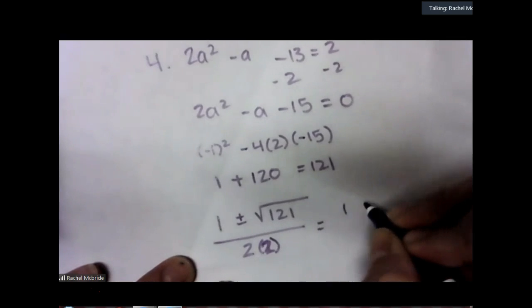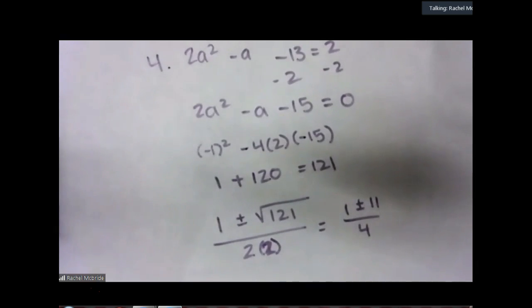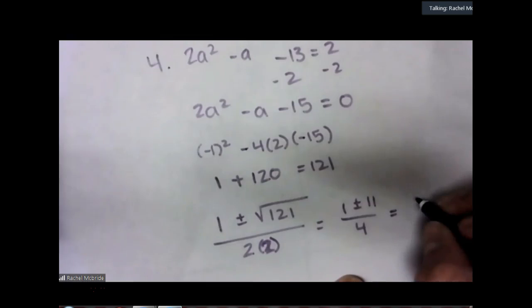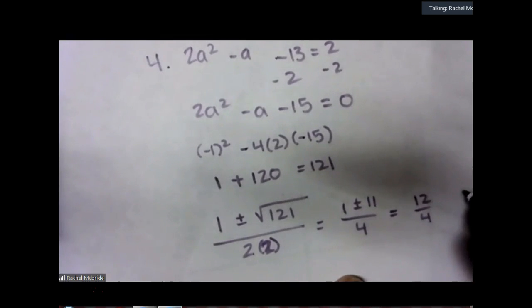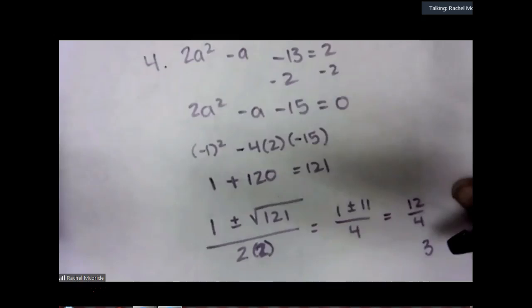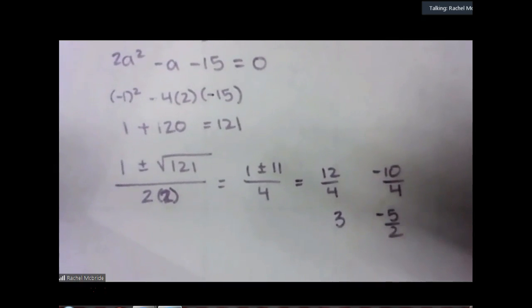So that gave 1 plus or minus 11 all over 4. So 1 plus 11 is 12. 1 minus 11 is negative 10. So 12 divided by 4 gave 3. And negative 10 fourths gave negative 5 halves. So that is how I got to those 2 answers.